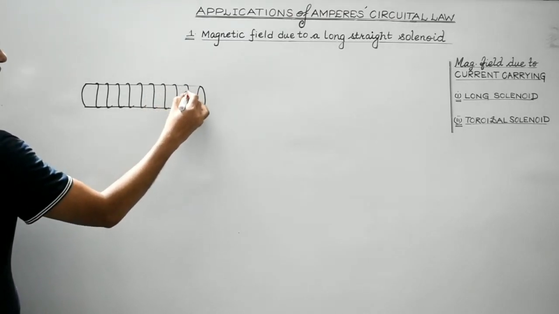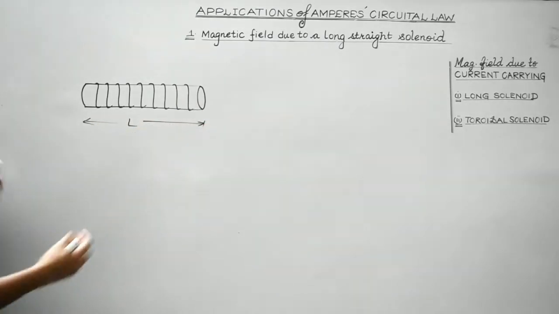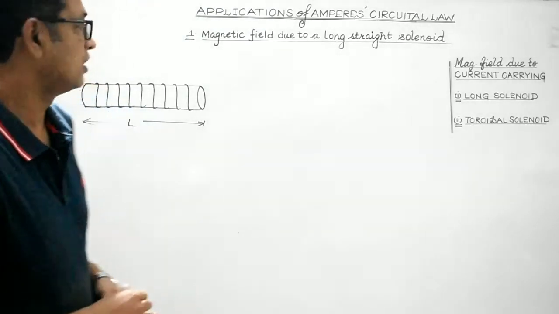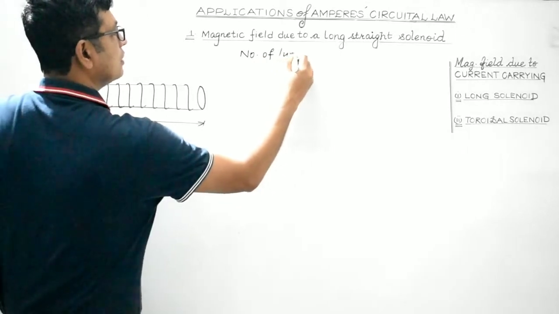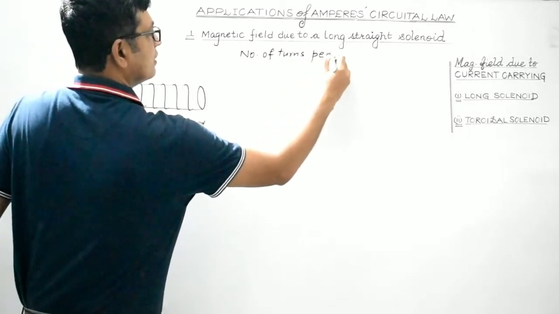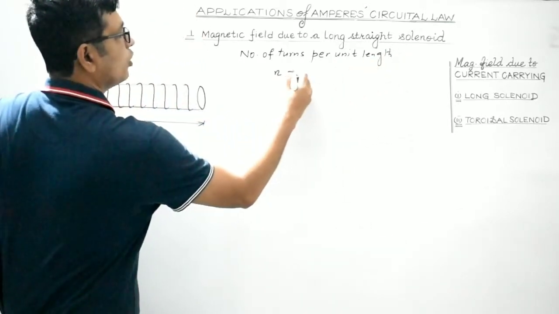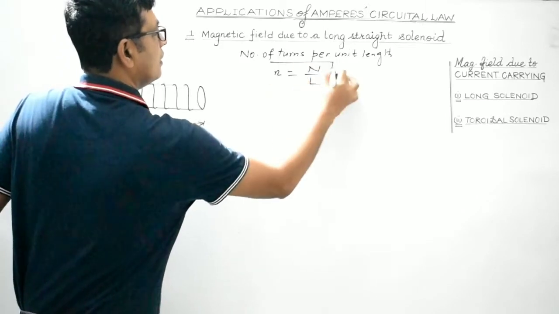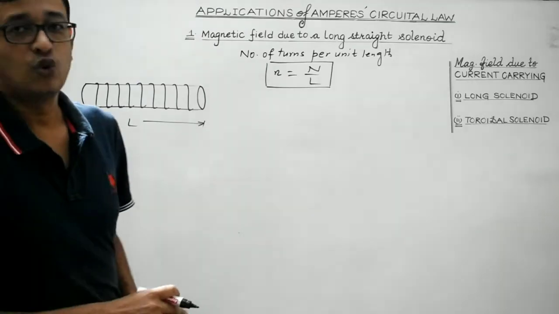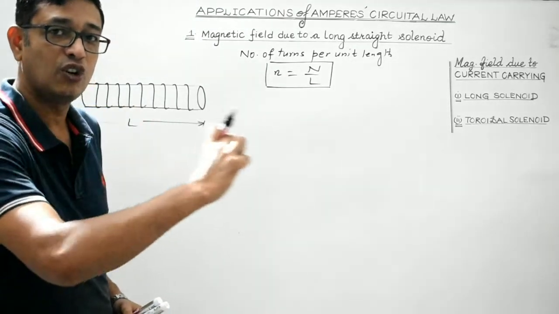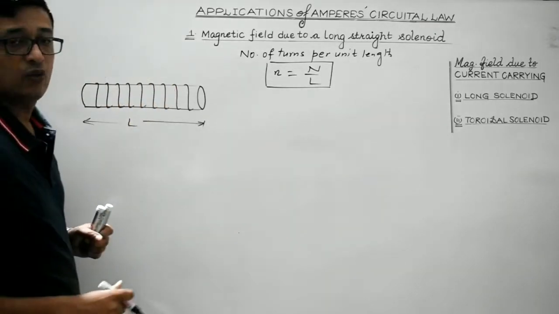Then the number of turns per unit length, small n, is equal to N by L. So small n is the number of turns per unit length, N is the total number of turns, and L is the length of the long solenoid under consideration.